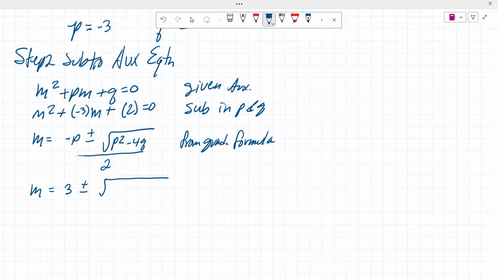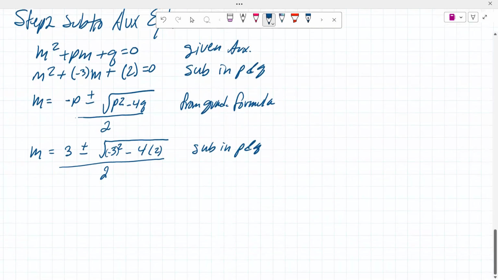That's going to be 3 squared, right? Minus, well, (-3) squared minus 4 times q, which is 2, all over 2 times a, which is 1, in this case. So here we just subbed in.